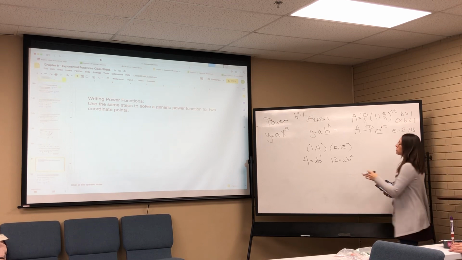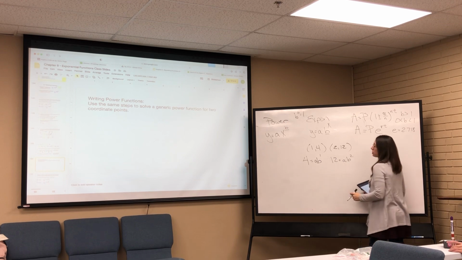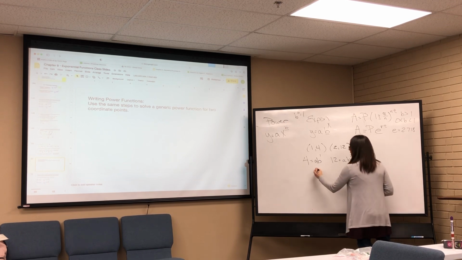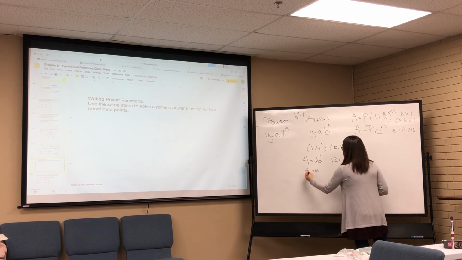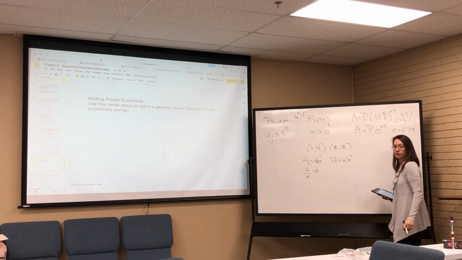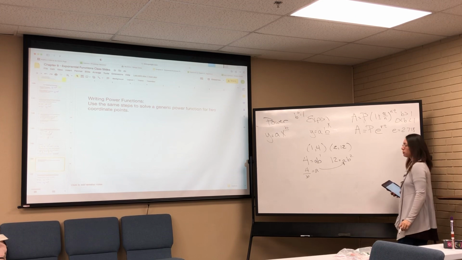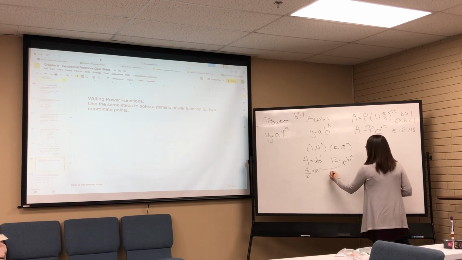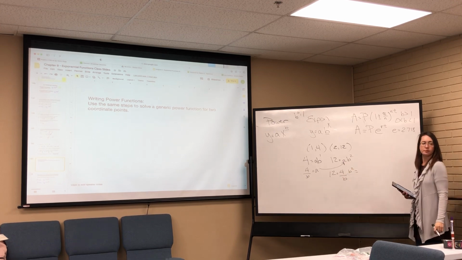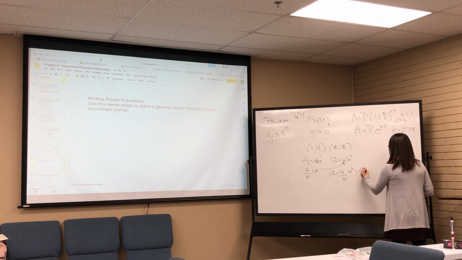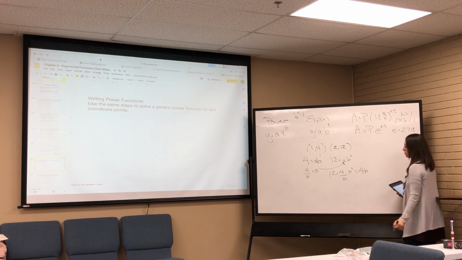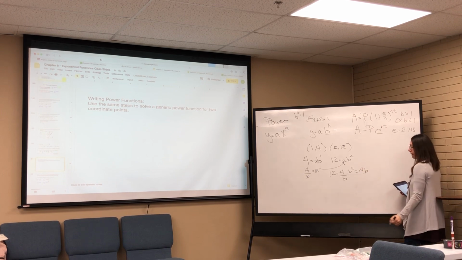Okay, so let's solve this first equation for a. A is going to be 4 divided by b. We're going to plug that into equation number 2, and we get 12 is equal to 4 over b times b squared, which simplifies to what? 4b. So what does b equal? 3.